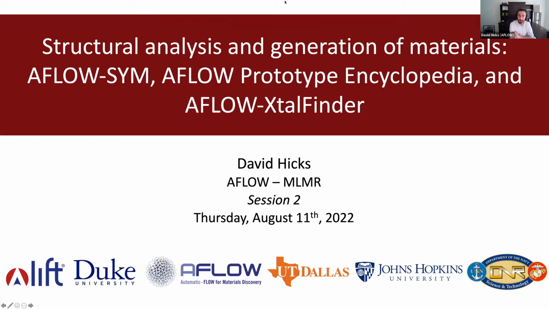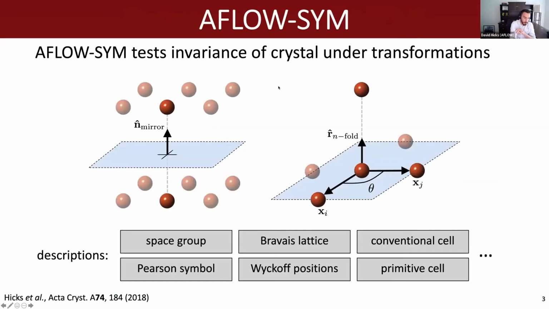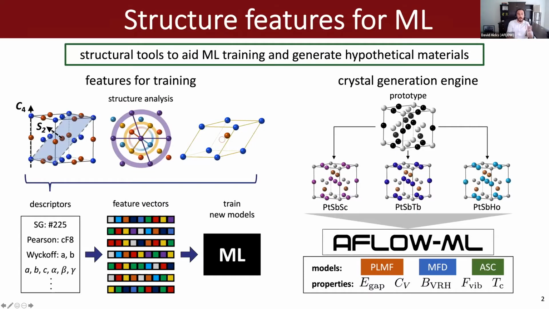Just a little bit of motivation behind this particular session: the tools that I'm going to be discussing could be used as structural tools to aid in machine learning training for different material models. The materials we've been discussing are coordinate models, so we know the lattice vectors and the atom positions.